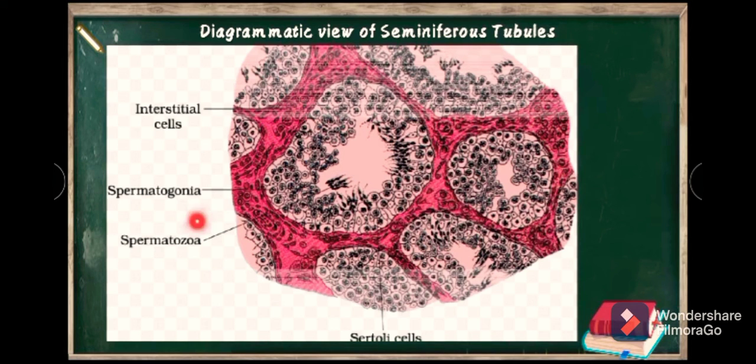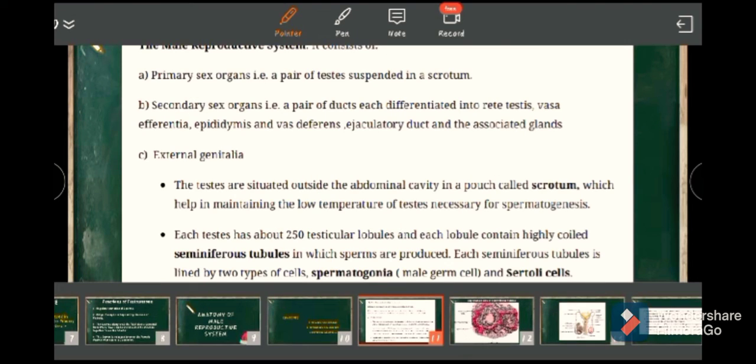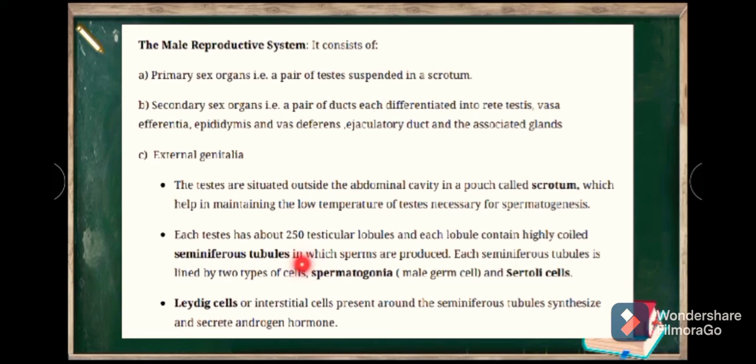This entire section is called the seminiferous tubules. Inside them you will see different structures, for example interstitial cells, spermatogonia, spermatozoa, and Sertoli cells. That's why it is said that inside the seminiferous tubules, production of sperms occurs.